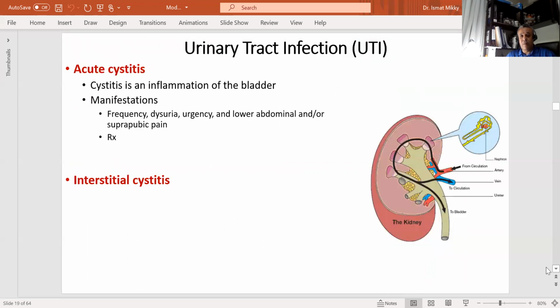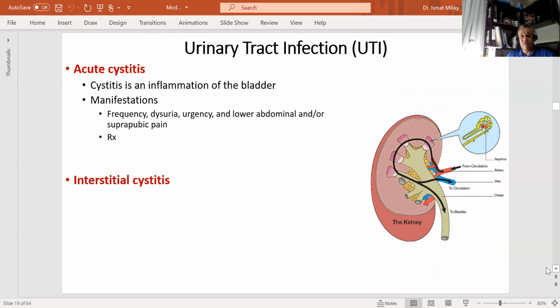The next slide is one of the different disorders under what is called UTI, the acute cystitis, which is the inflammation of the bladder. This is very common.